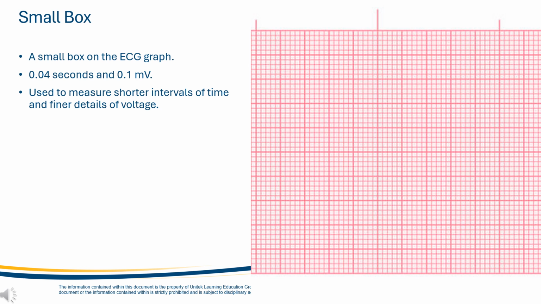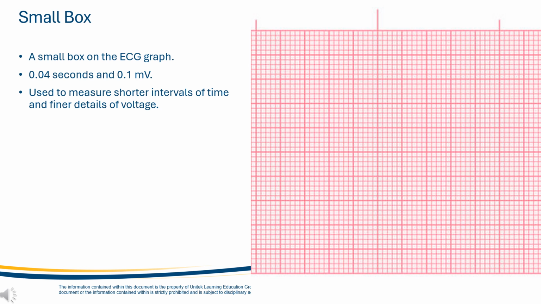Remember that for voltage measurements, that wave amplitude going down on the y-axis, those small boxes again allow for precise measurement. Normal amplitude of the P wave is less than 2.5 small boxes. Any increased amplitude may mean we have an atrial enlargement. When we talk about the ST segment, any small deviation in the ST segment can indicate ischemia or infarction.